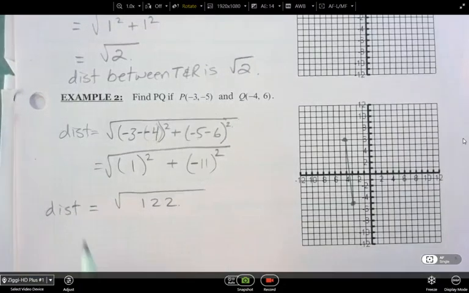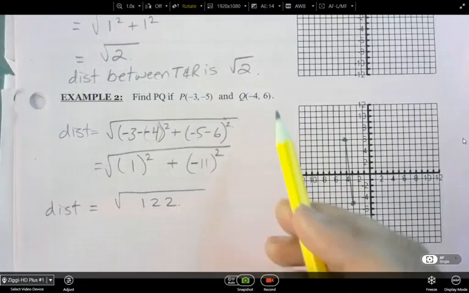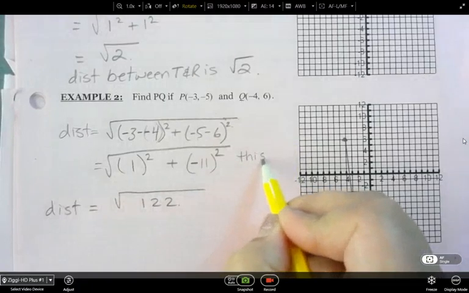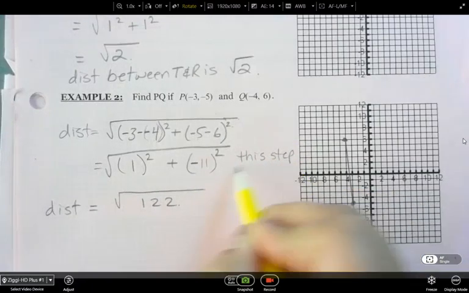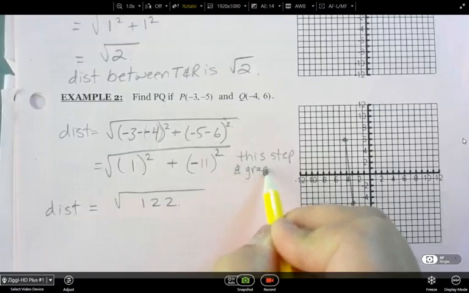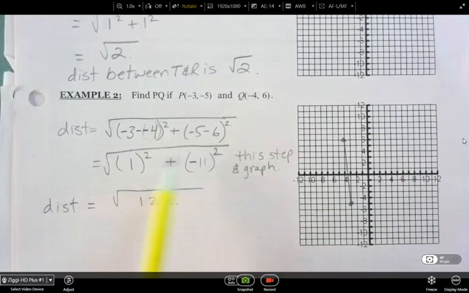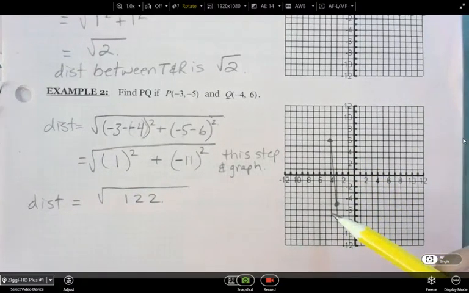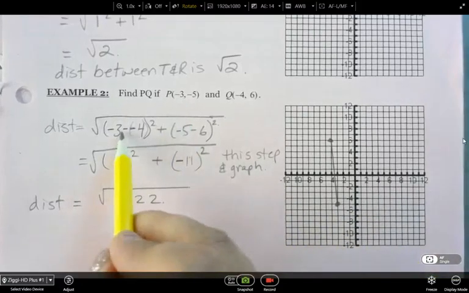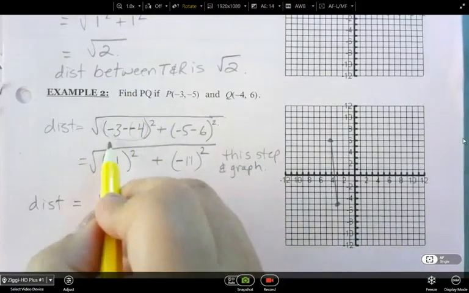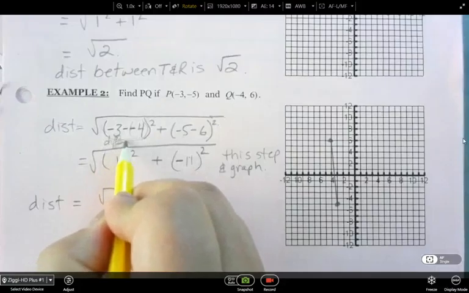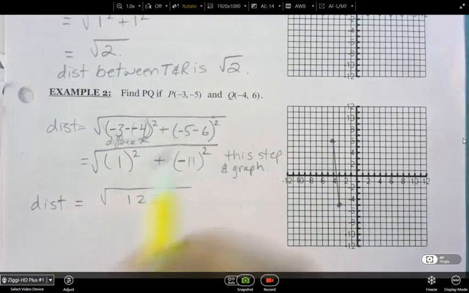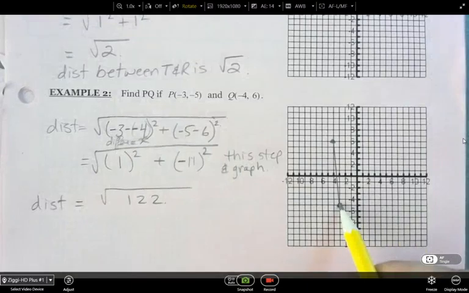Now, I want you guys to make a connection between this step here and the graph. Can you visually link these numbers to something that's happening on this graph right here? So this is the difference of x's. If we look at the difference of the x's, what do we see right here?